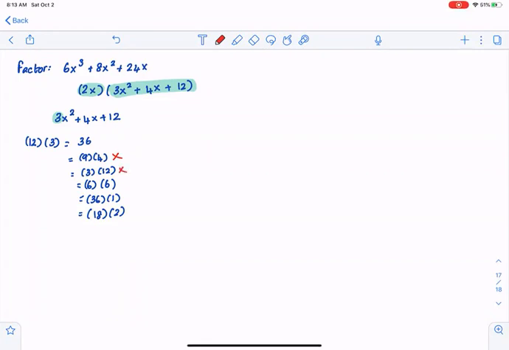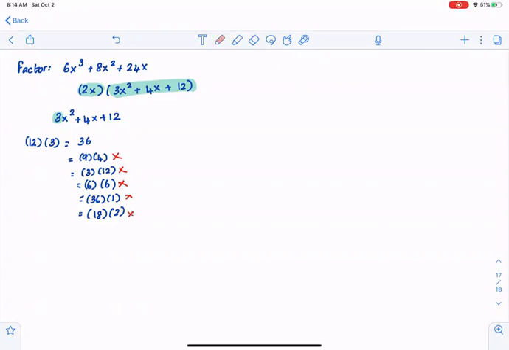That won't work. 6 and 6, if you add, you get 12. That won't work. 36 times 1, is that 36? Not work. 18 times 2, 36. That will not work either. So none of those work.